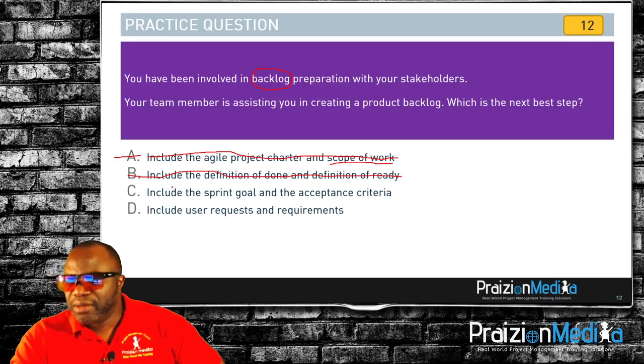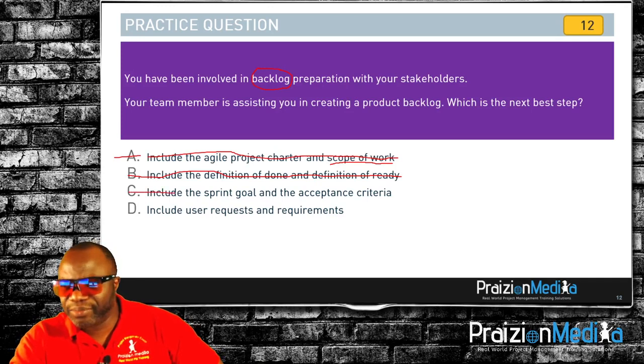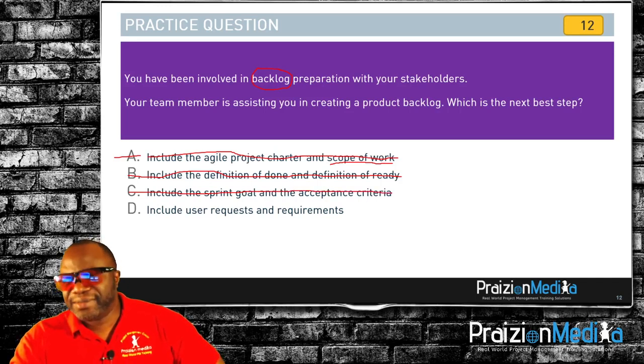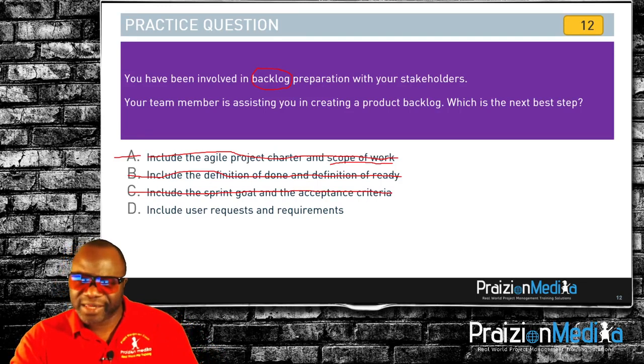Okay. C, include the sprint goal and acceptance criteria. You're in the product backlog, so it cannot be anything to do with a sprint goal in your product backlog. So we're going to get rid of that one. And the acceptance criteria, you know, is at the back of the card, the user story, which is in the product backlog.